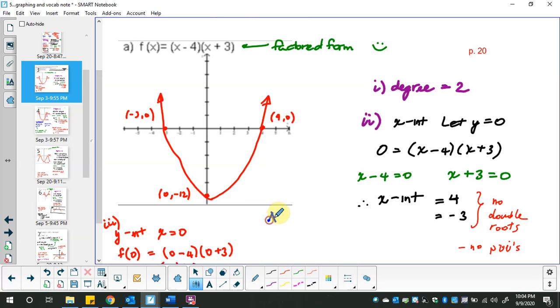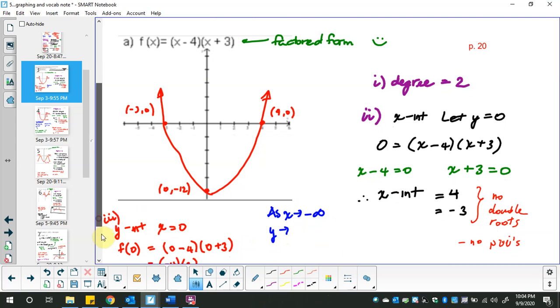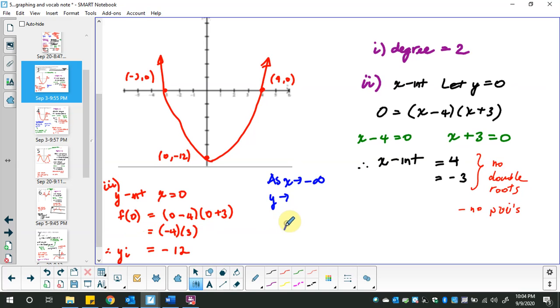So as x approaches negative infinity, y will approach something. I'll do it left to right, first and second. So this is locked in. Your job is to fill the blank.